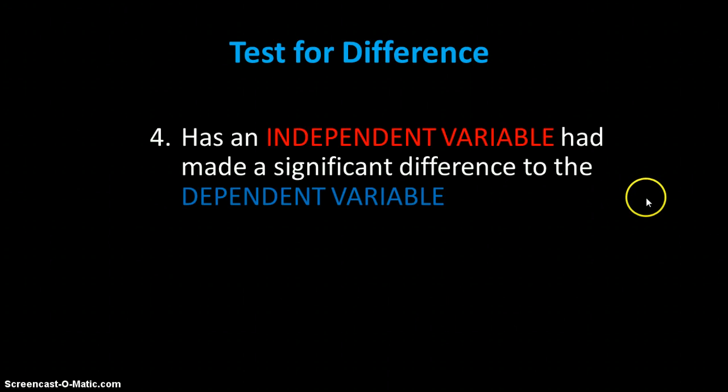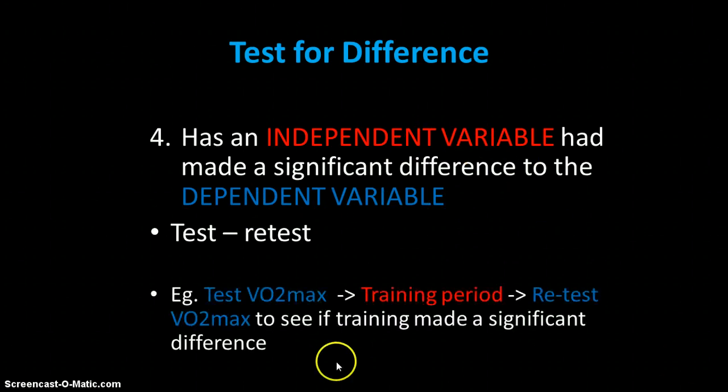Another thing that's commonly done is what we call test-retest, where we look to see if an independent variable affects a dependent variable, so the thing that you're measuring and the thing that you're going to manipulate. This example could help you understand that. If our dependent variable, the thing we're going to measure, was a VO2 max score, we could measure a group of people at the start.